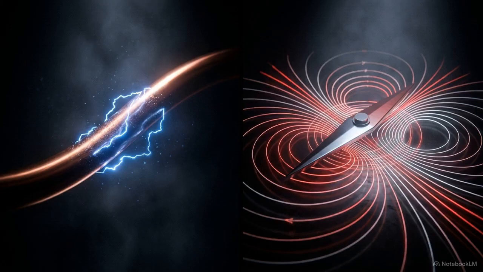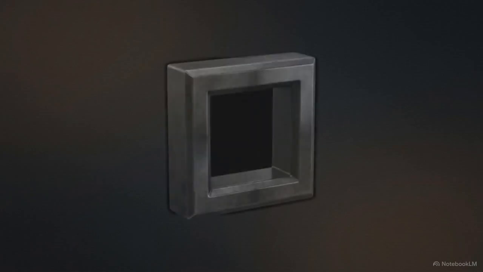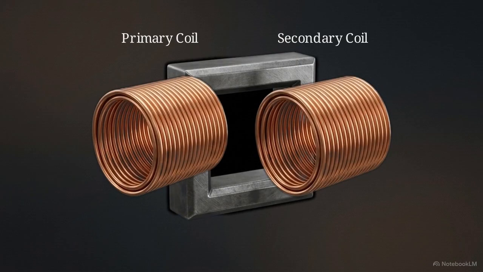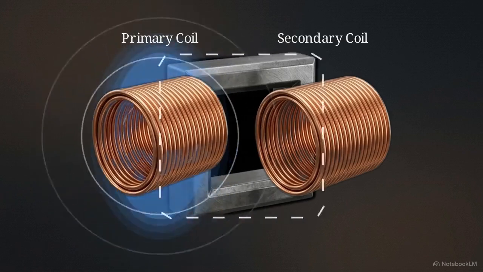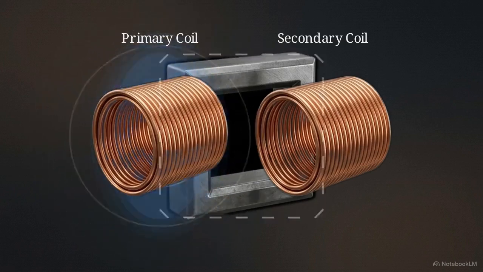If electricity makes magnetism, and moving magnetism makes electricity, we can layer these effects to create the transformer. A transformer consists of two separate coils of wire wrapped around a single iron core. Crucially, the two coils are physically isolated from each other. When we feed alternating current into the first coil, it creates a dynamically shifting magnetic field that travels through the iron core.